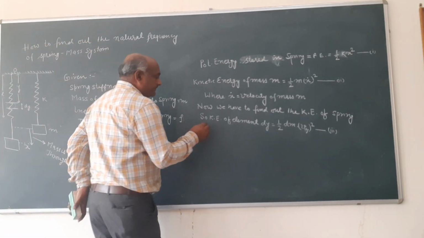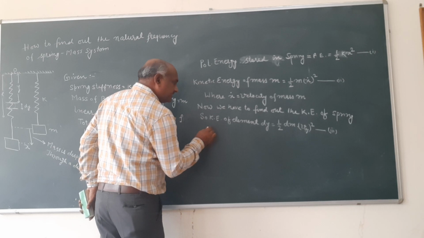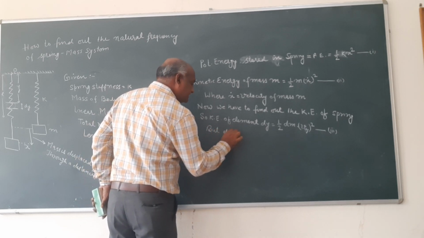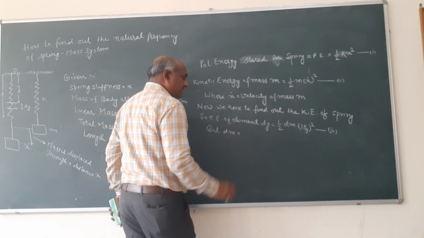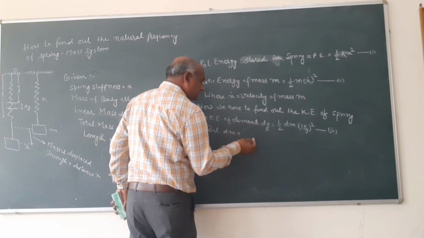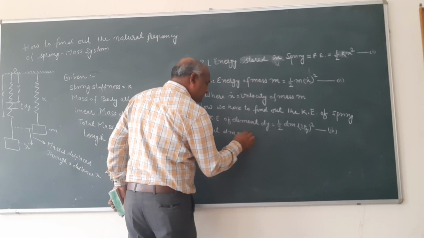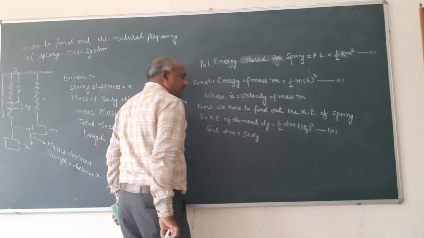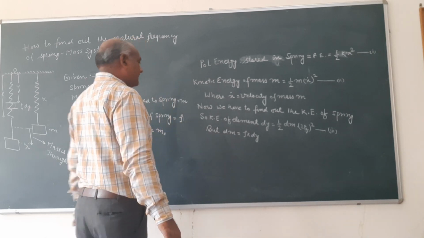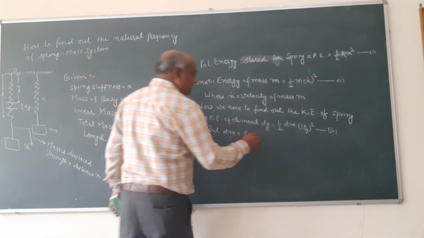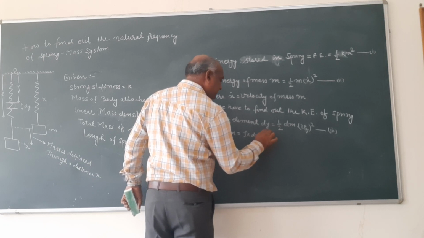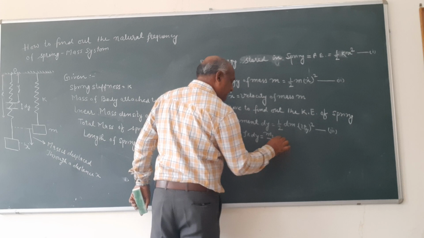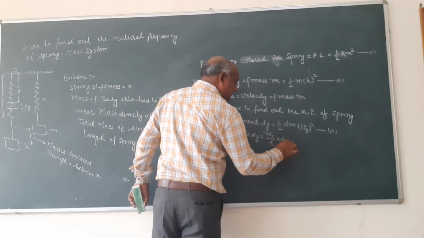Now dm is equal to rho into dy, which is equal to ms divided by L into dy.